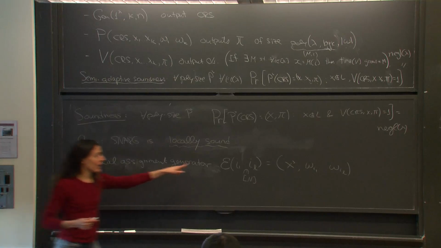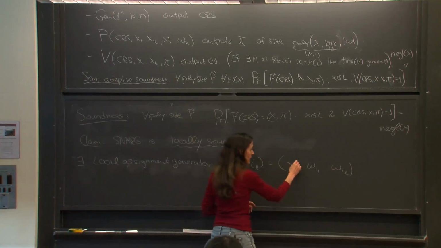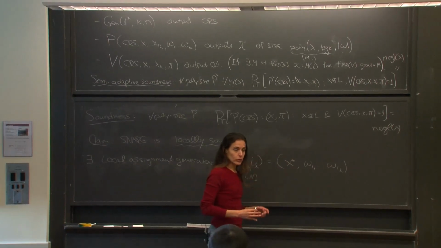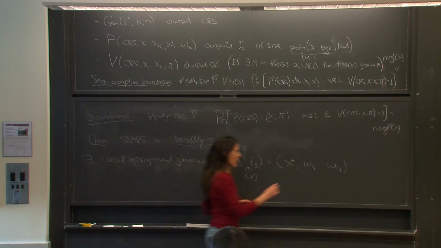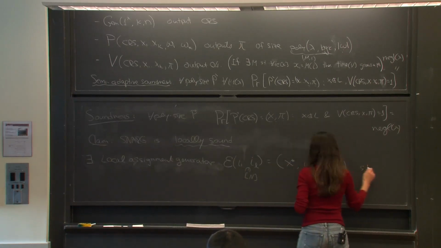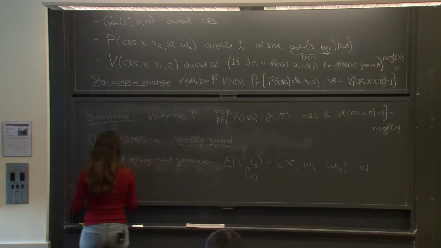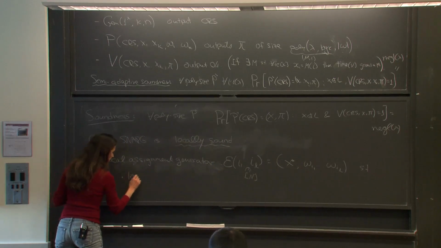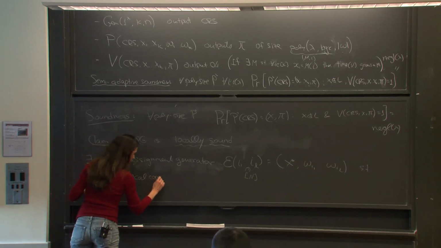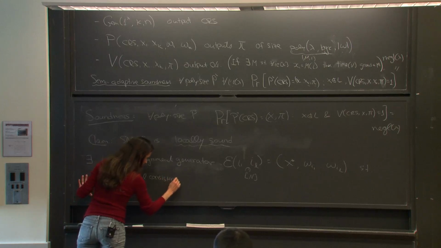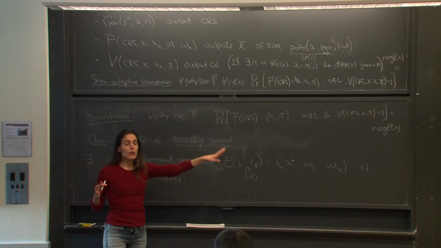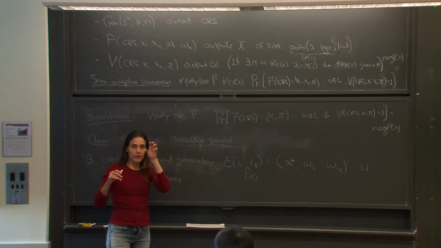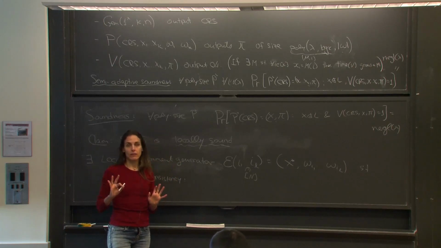For any I1 up to IL, it outputs some instance and wire values that satisfy the following. One is local consistency, which means any wires that are connected by a gate satisfy the gate.